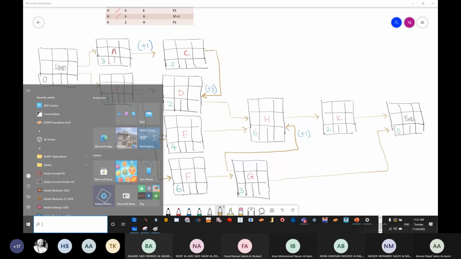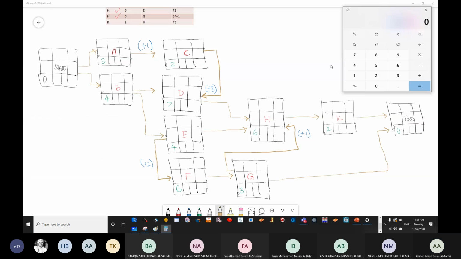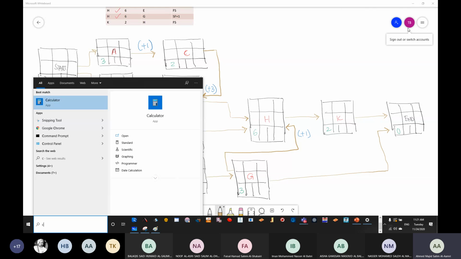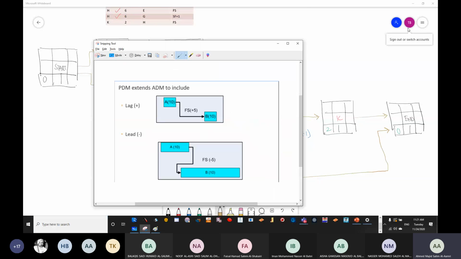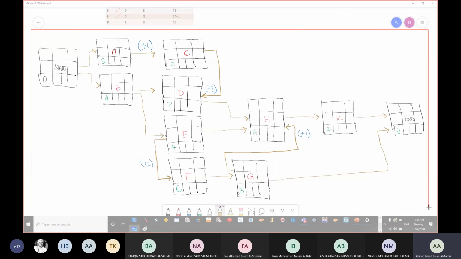The solution? I didn't complete it yet. When I complete it, or the next lecturer completes it with you, you will get the solution.